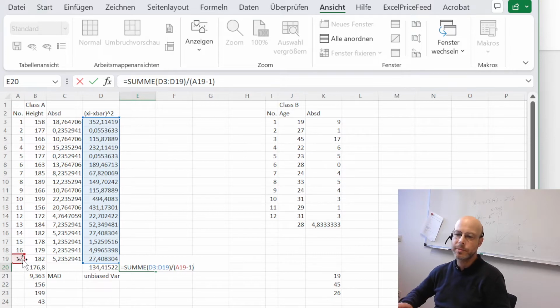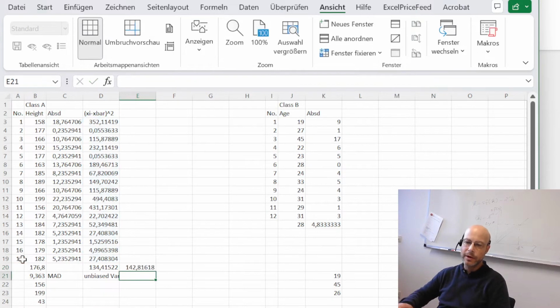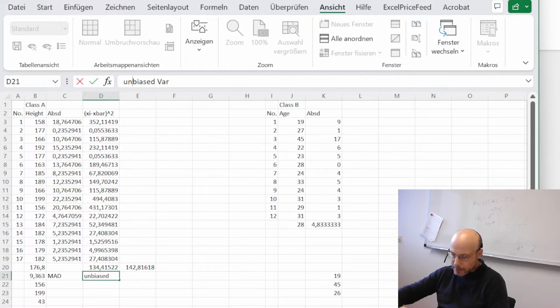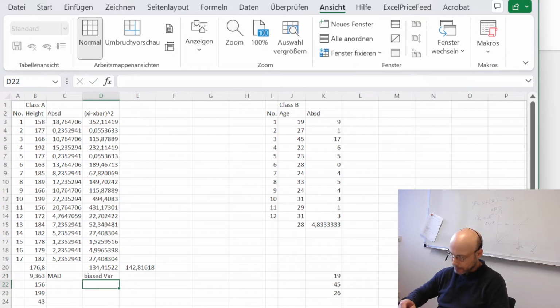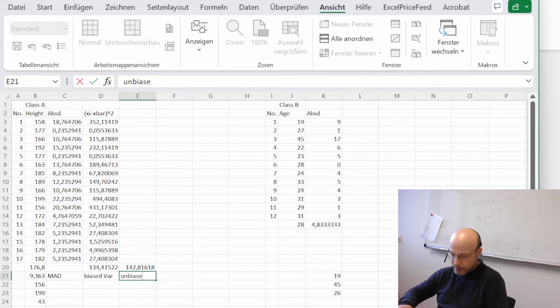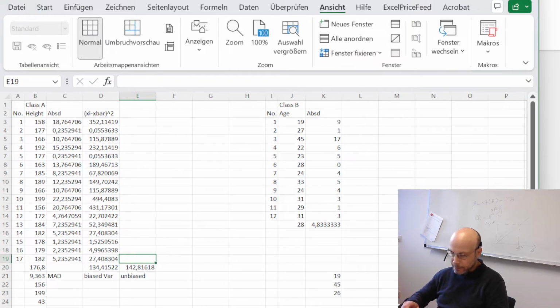So this should be a little bit larger than our 134. Oh, sorry, this is a biased variance, and this is unbiased. Why it is called unbiased? Well, 10 after 9. We see if we can do this today.